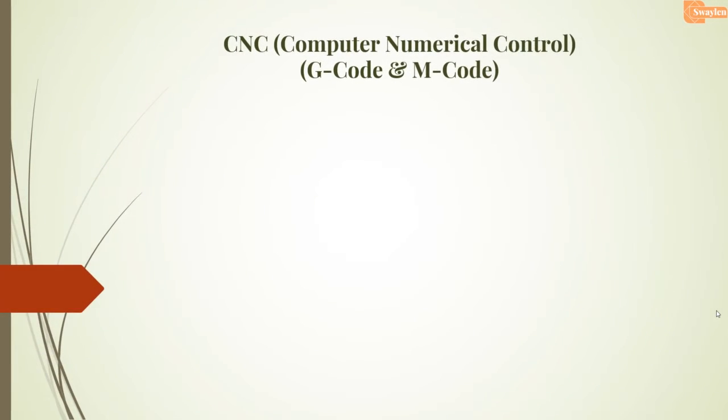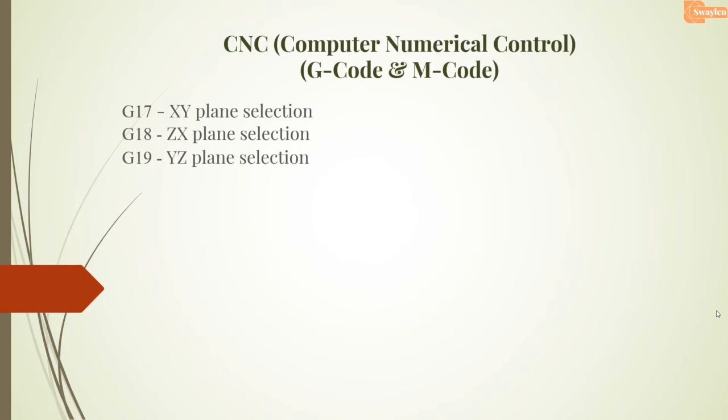Next one is G17, XY plane selection. Next is G18, ZX plane selection, and G19, YZ plane selection. So, what is the meaning of this plane selection? I have an image.